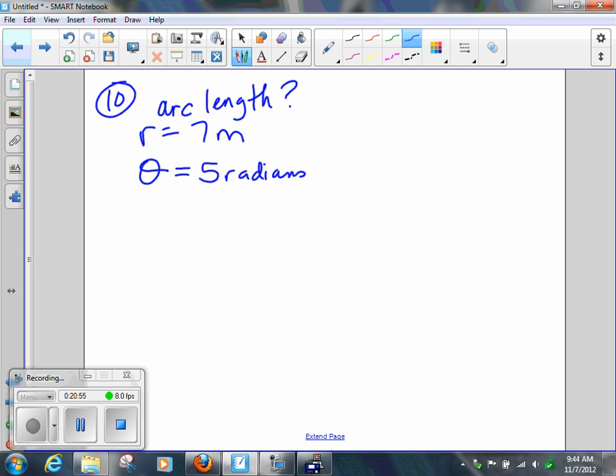Arc length, which formula? Everybody. S equals theta R. Arc length is what we're looking for. Theta is 5 radians. Do I have to convert it? Why not, Joseph? It's already in radians. Radius 7. 35 meters. Yeah. I like that you did that.